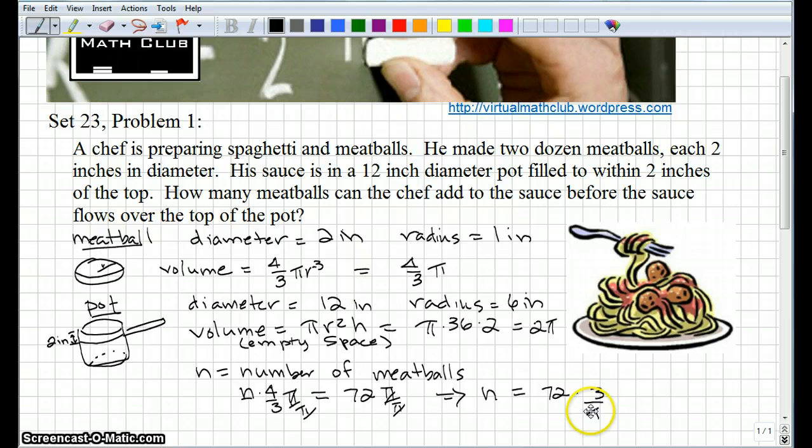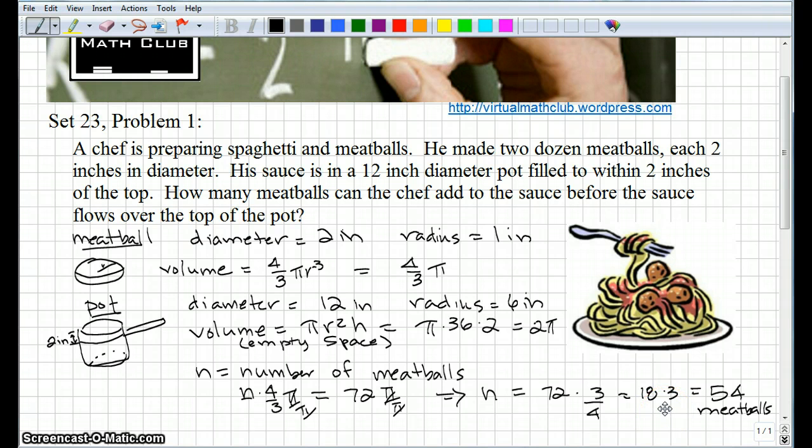If you divide 72 by 4, half of it is 36, half again is 18. So we get 18 times 3, and that's just 30 plus 24, which is 54. So n is 54. So we could add 54 meatballs to the sauce before it overflows.